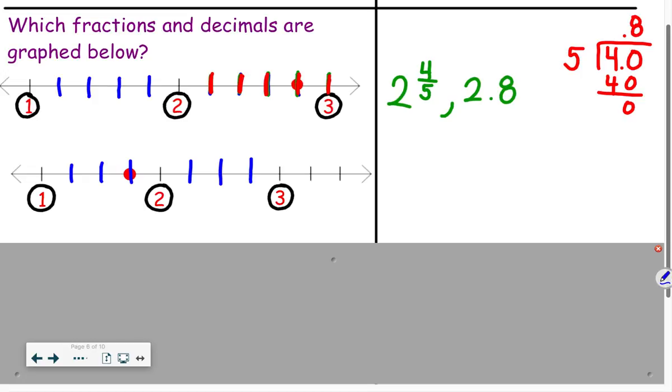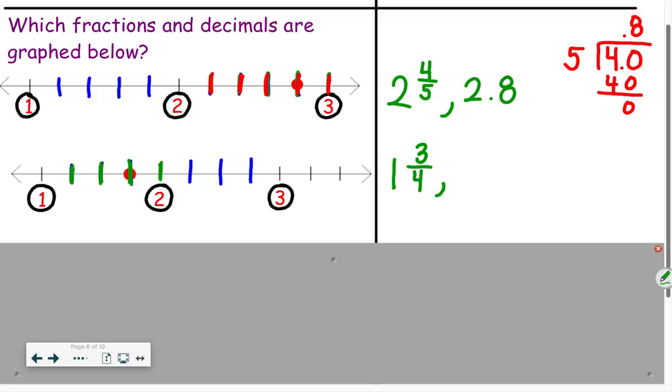So put 3 lines in between each integer. All right, now we're going to look at where the red dot is. It's between 1 and 2, so it's going to be 1 and some amount. When I start counting, I don't count the line at the 1, but I'll start here. 1, 2, 3, 4. So 1 and 3/4.